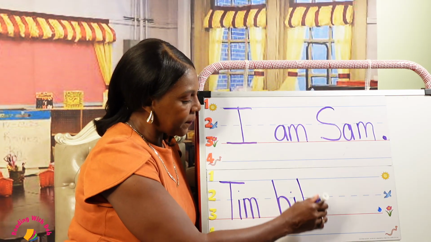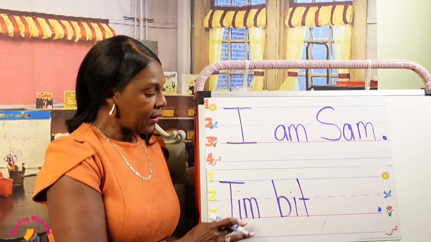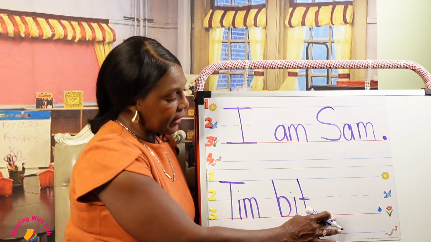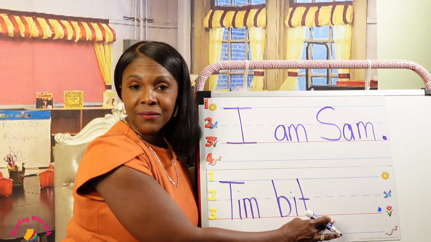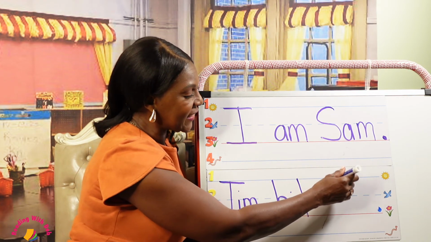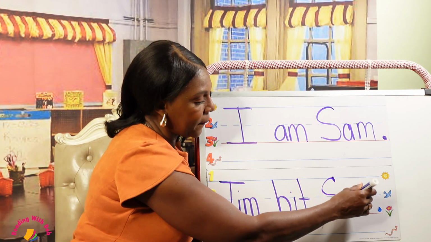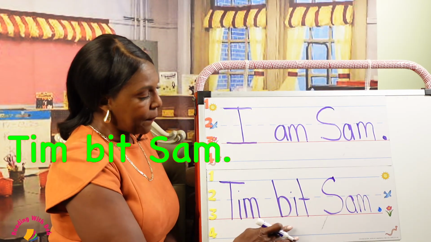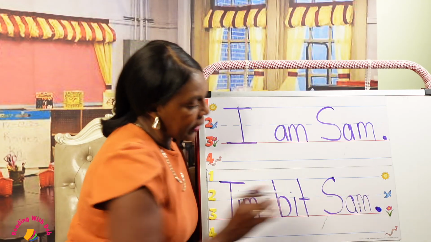That's a T. Now before I write, I like to go back and read what I have so far. Tim bit Sam. Let's see. Sam, I can copy it from right there. I already wrote it, right? S-A-M. Sam. Tim bit Sam. Now I need a punctuation mark at the end.